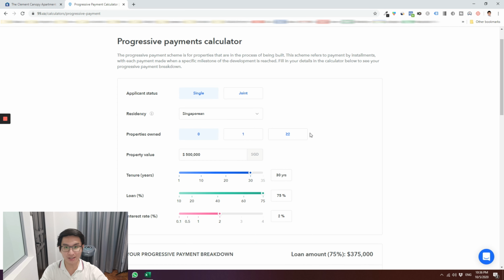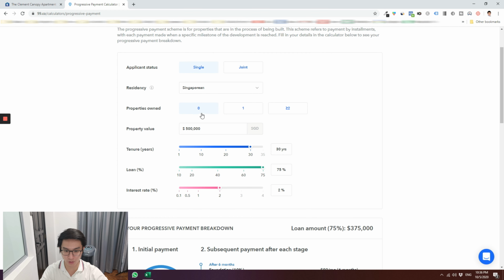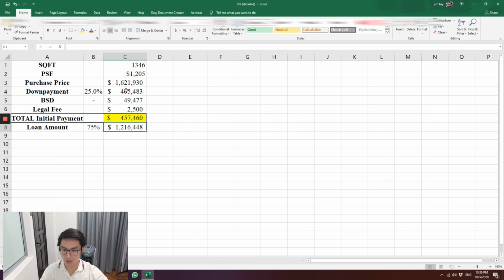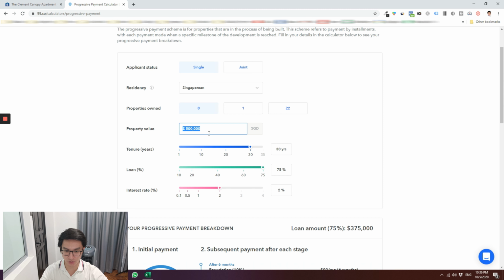For this case, I'll assume that you are Singaporean, you don't own any properties. Your property value is 1,621,930. You bought it before you are 35 years old, hence you can have a 30-year loan tenure. Your loan is the maximum of 75%, and the interest rate around that time, I would say, is about 1.8%.